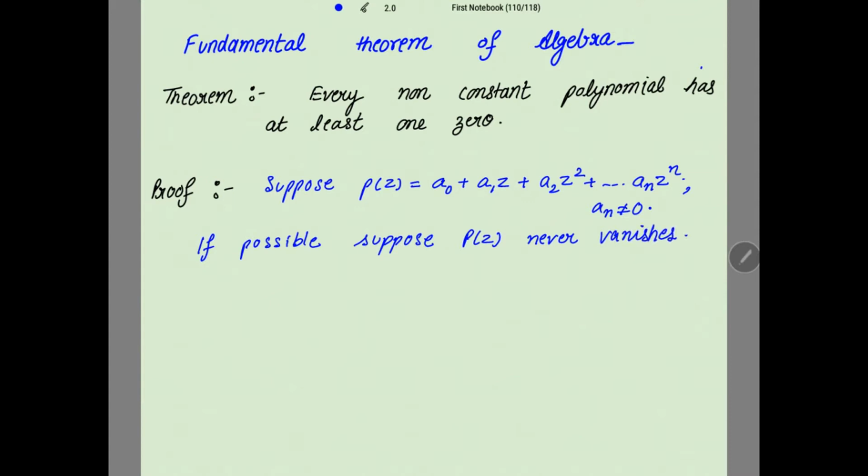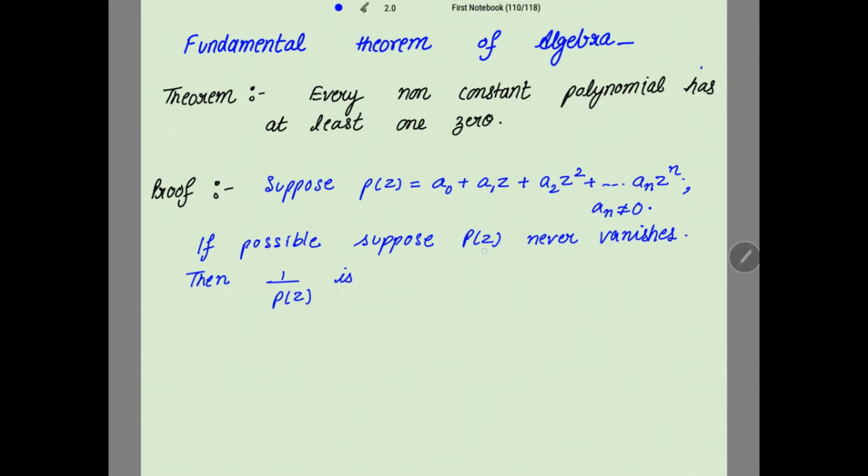That means we can define 1 over P(z), right? Then 1 over P(z) is defined, because if P(z) is 0, then 1 over P(z) cannot be defined. This will be infinity, right? So P(z) never vanishes means 1 over P(z) can be defined, and it is an entire function. Why?